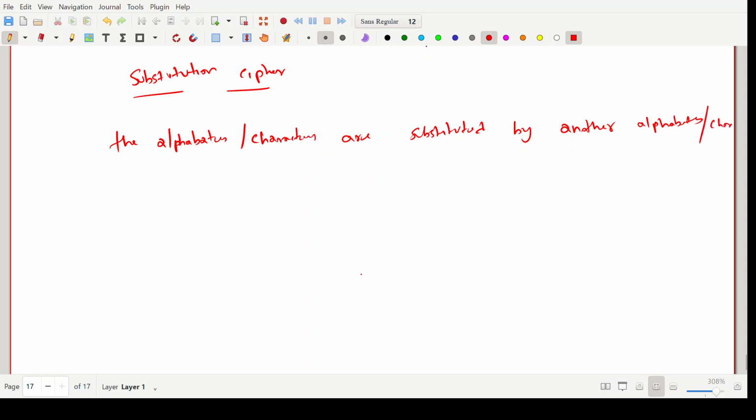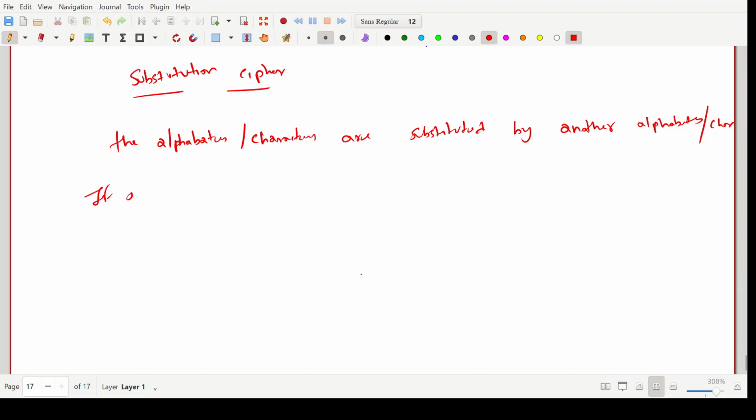The substituted alphabet may or may not belong to the given plain text block. So during the encryption, one character can be either replaced by a unique character or by more than one character. If a single character is replaced by only one character in the encryption, then it is called mono alphabetic cipher, and otherwise it is called poly alphabetic cipher.